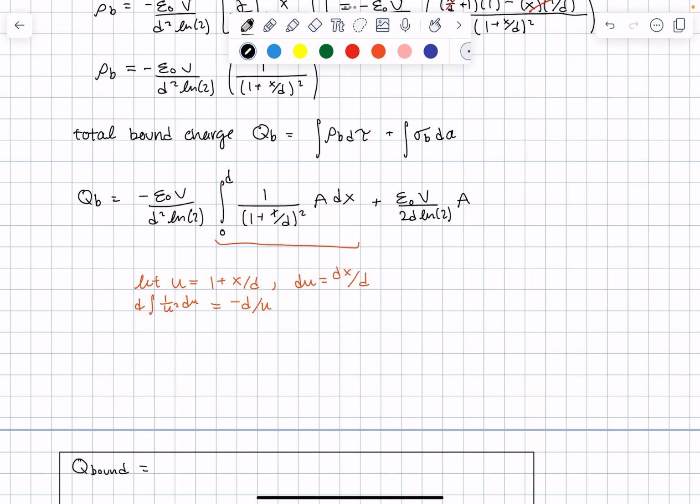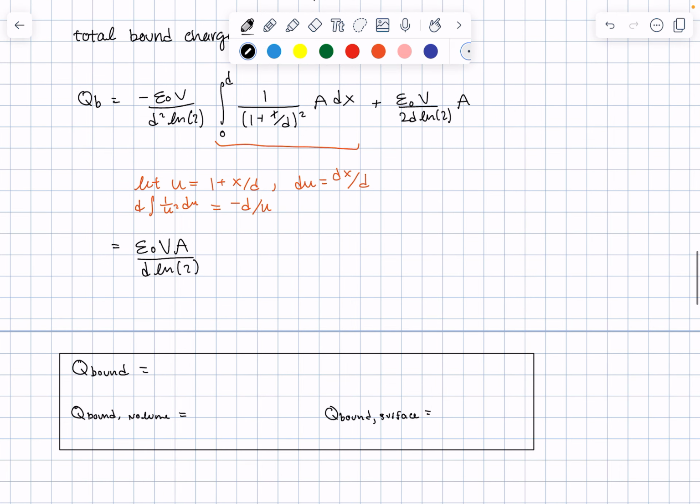So then our bound charge will be equal to epsilon naught v a over d ln 2. So here I'm just pulling out some more constants, our a and our negatives, and then that will be negative 1 over d times negative d over 1 plus x over d.